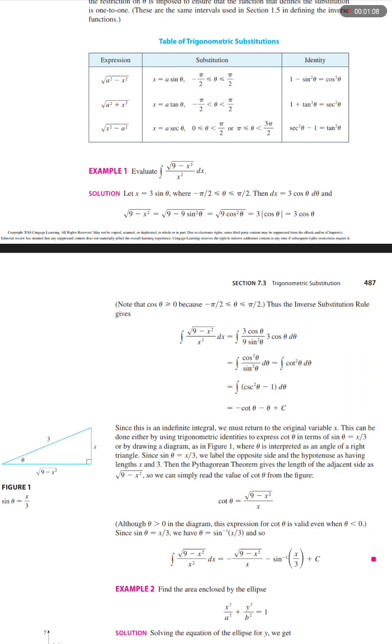Note that cosine theta is greater than or equal to 0 because negative pi over 2 is less than or equal to theta, and theta is less than or equal to pi over 2.